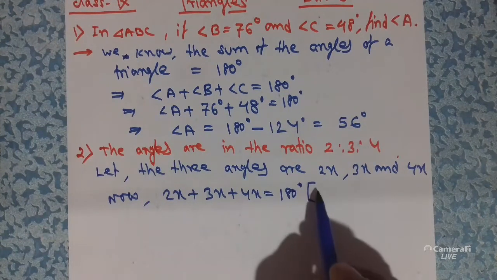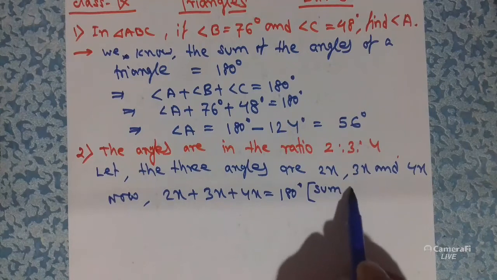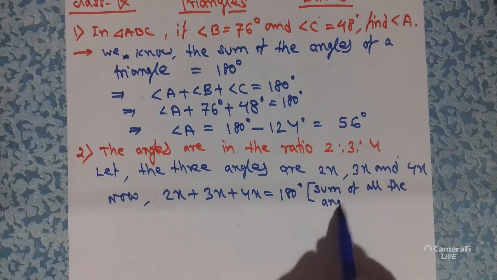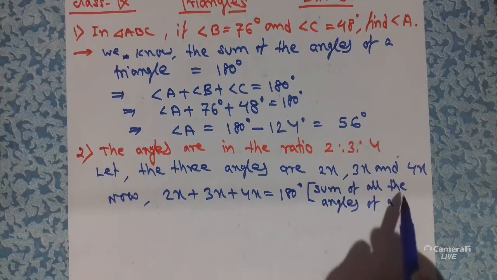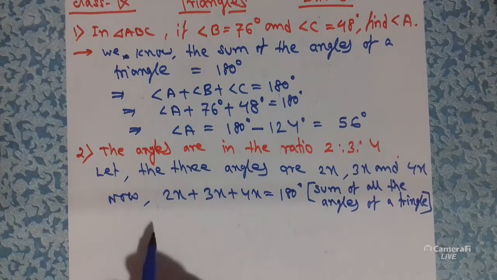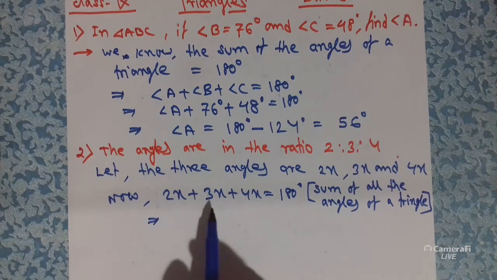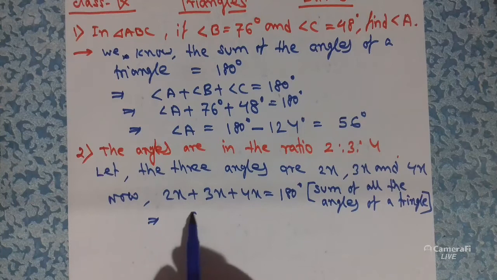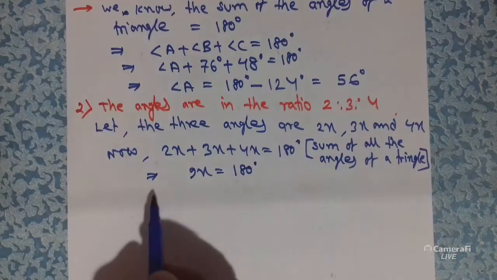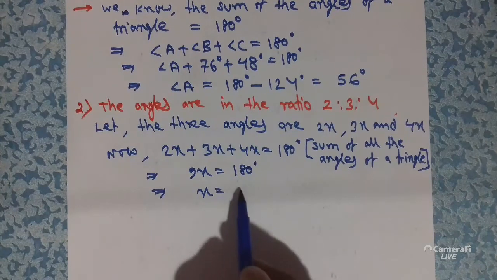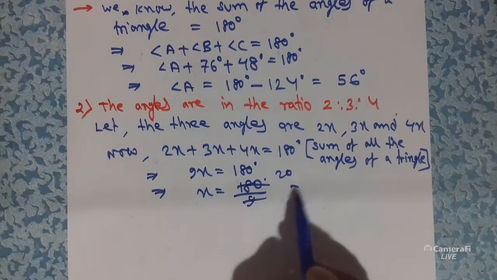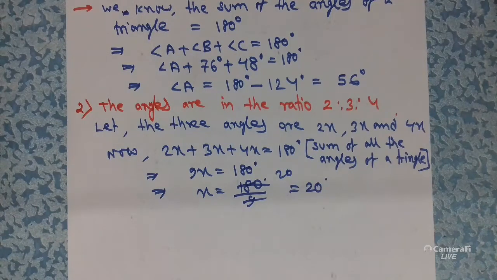So here we have to write the sum of all the angles of a triangle. This implies 2x plus 3x is 5x, 5x plus 4x is 9x. So 9x is equal to 180 degrees. So this implies x is equal to 180 degrees by 9, which is 20 degrees.